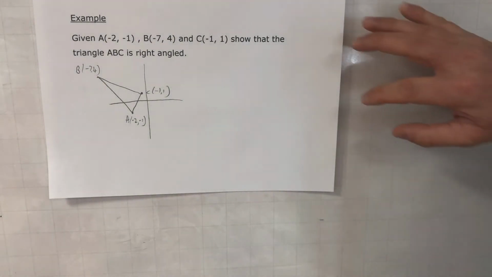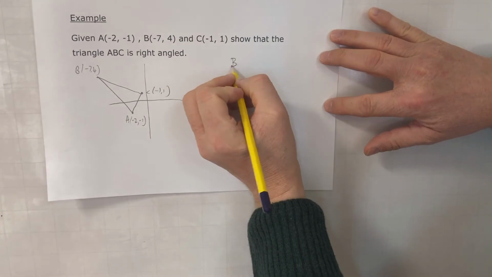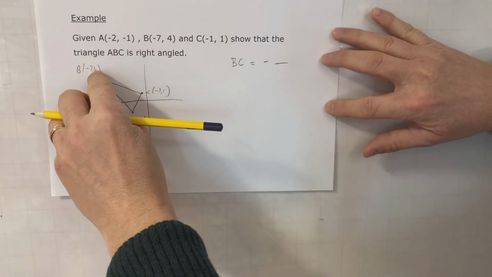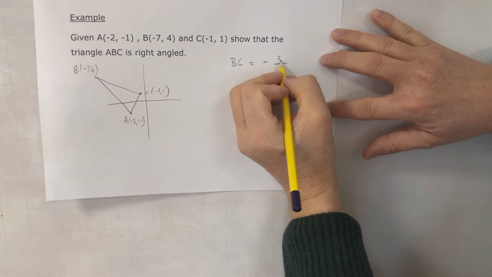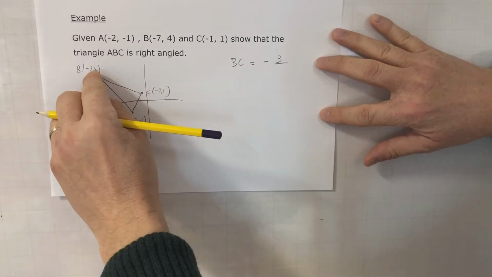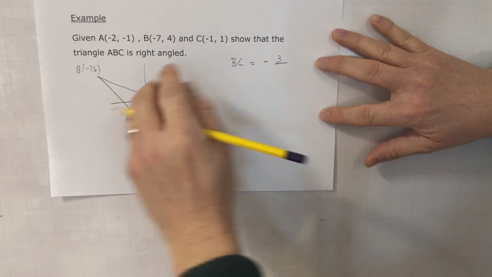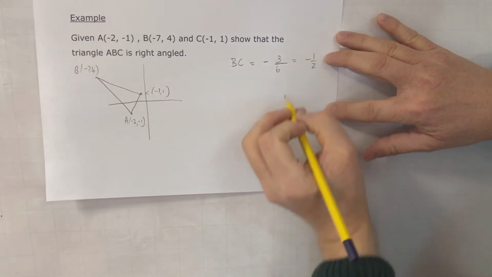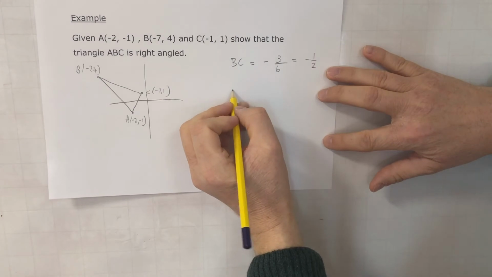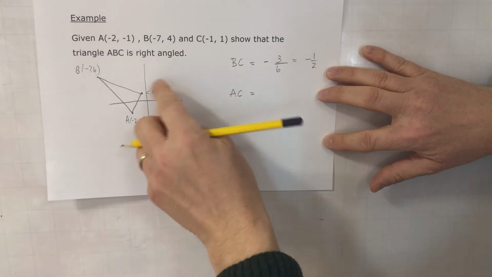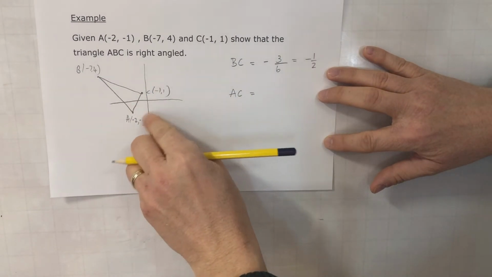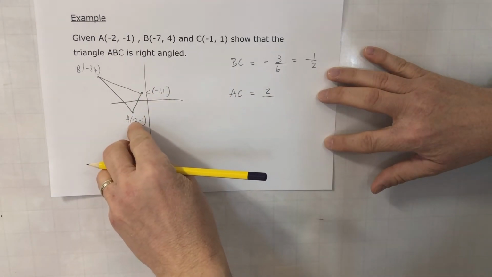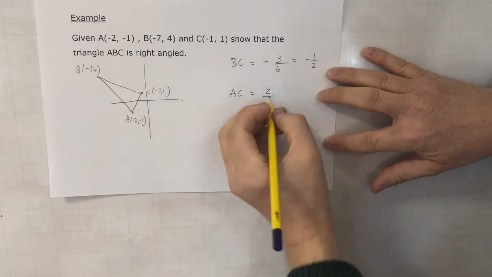So the gradient of BC, I can see, is negative. And from the 4 to the 1, I've gone down 3. And from the minus 7 to the minus 1, I've gone across 6. So that gradient is minus 1/2. As for the gradient of AC, it's a positive gradient. From the minus 1 to the 1, we've gone up 2 units. And from the minus 2 to the minus 1, we've gone across 1 unit.